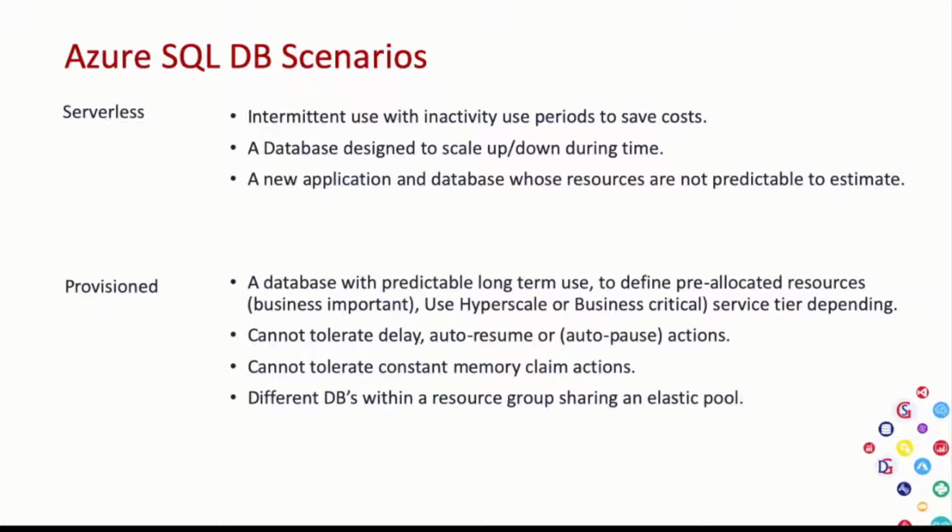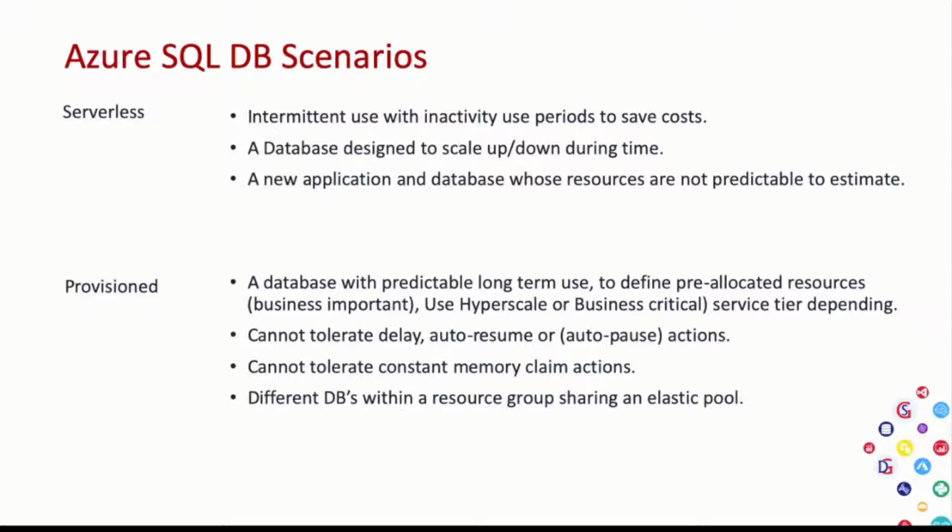Then we can assume that a serverless database can be used for us. Then for a provisioned model, we can identify a database with predictable use in the long term, to identify pre-allocated resources, which we can use for business-important workloads.